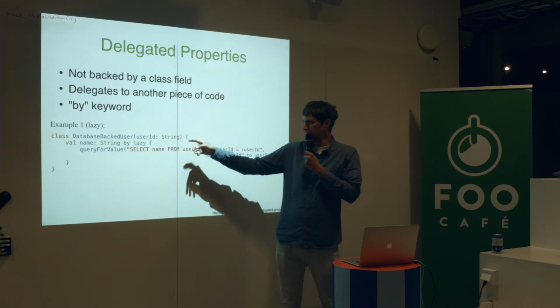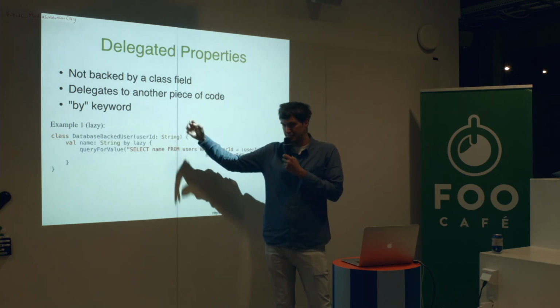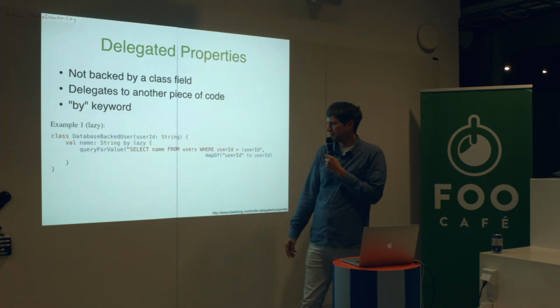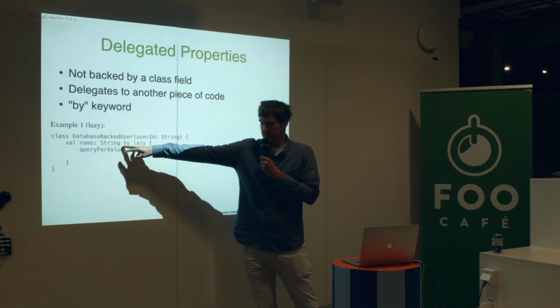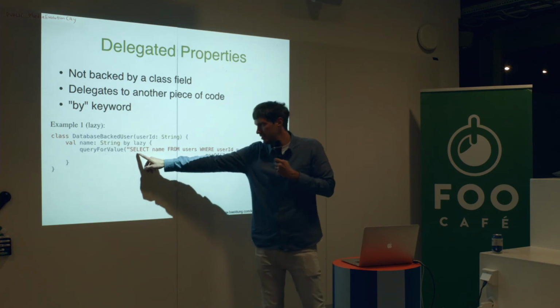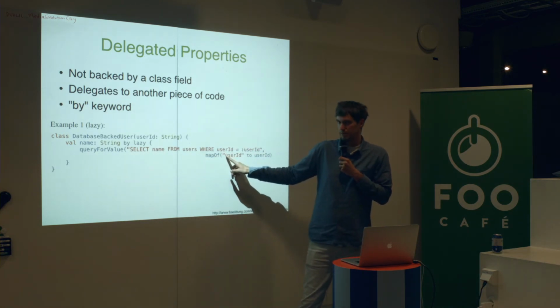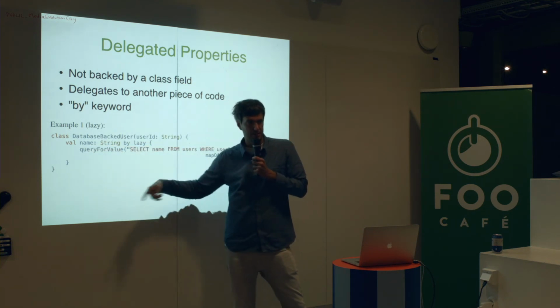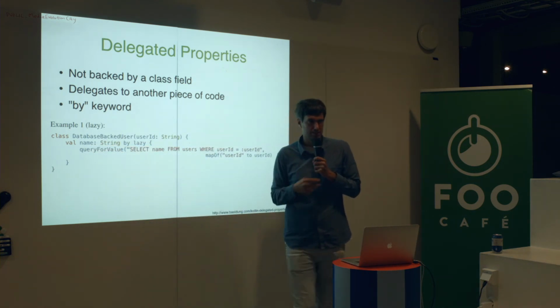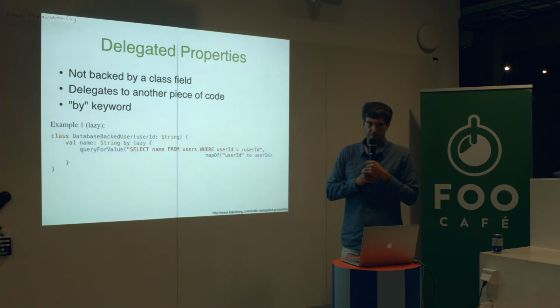I don't know if you want to do this, but in this example, this is what's happening. So when this name is called for the first time, this query will be invoked, and what's returned by this query will be stored as the name. Next time, it will be cached. Yeah, I think it makes sense.